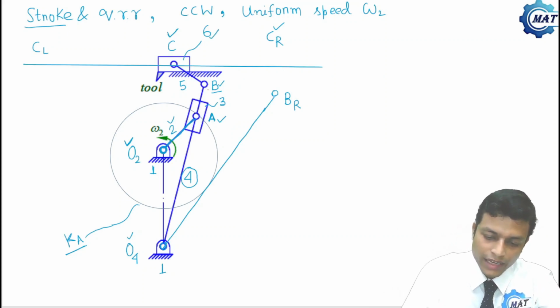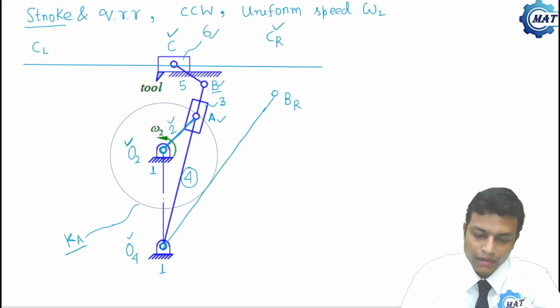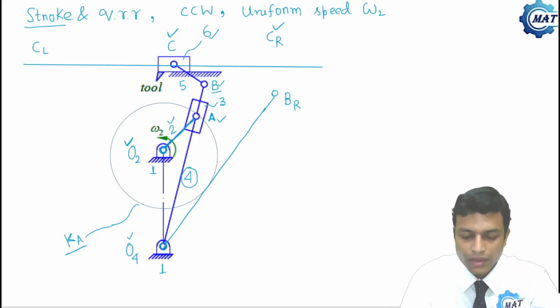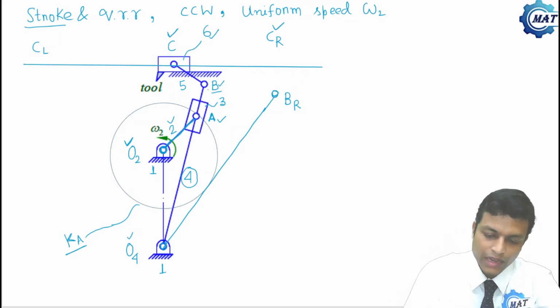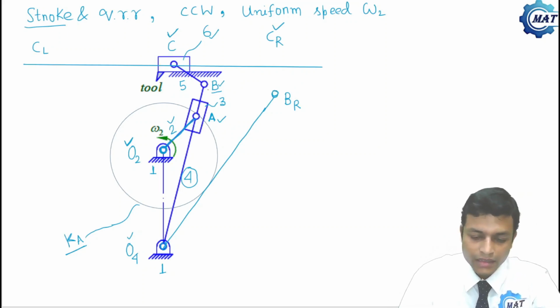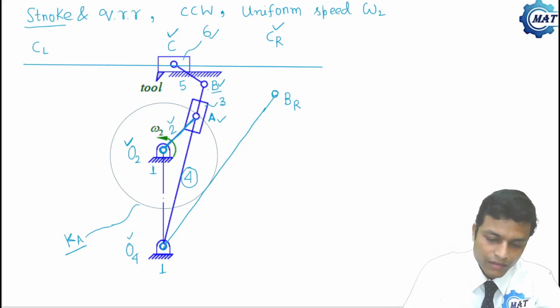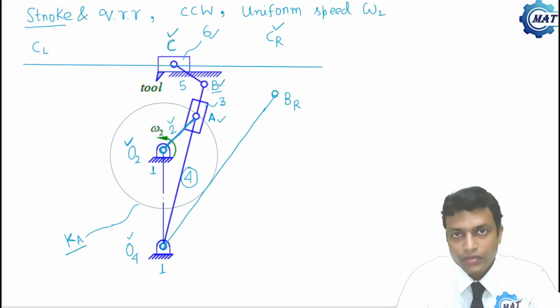Now to locate CR, we have to draw an arc from center BR with radius equal to BC. BC is the length of link number 5.